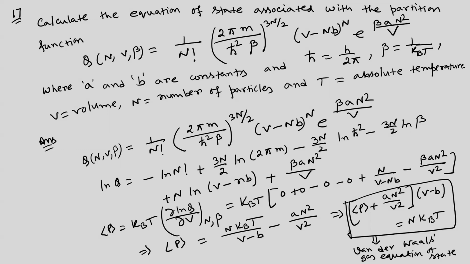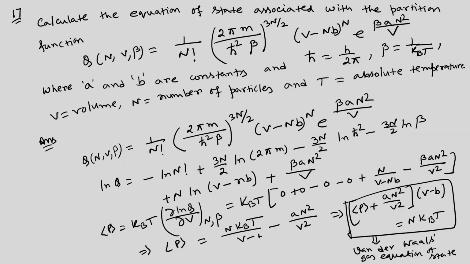So, from the partition function Q, we first get the logarithm of Q, then differentiate it with respect to volume, and then multiply the result by Boltzmann's constant times temperature, and we get the average pressure.